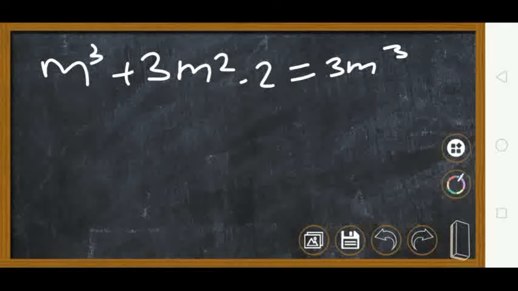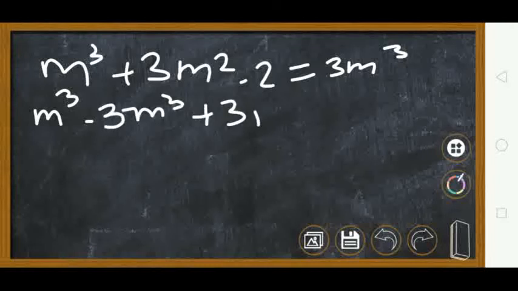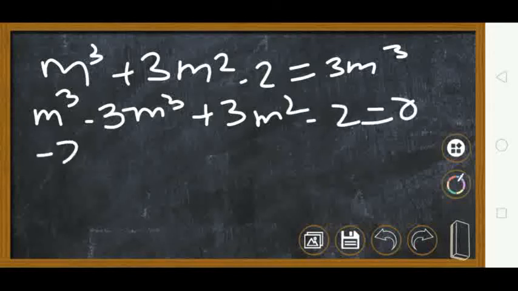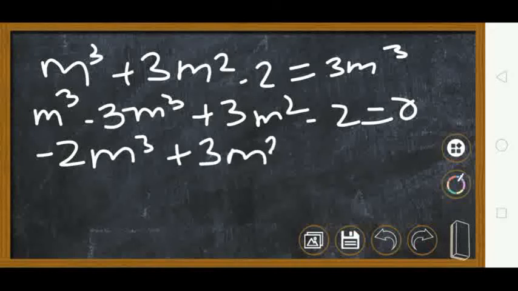So when I bring everything to the LHS, I get m cube minus 3m cube, let us write the like terms together, plus 3m square minus 2 equal to 0. So minus 2m cube plus 3m square minus 2 equal to 0.